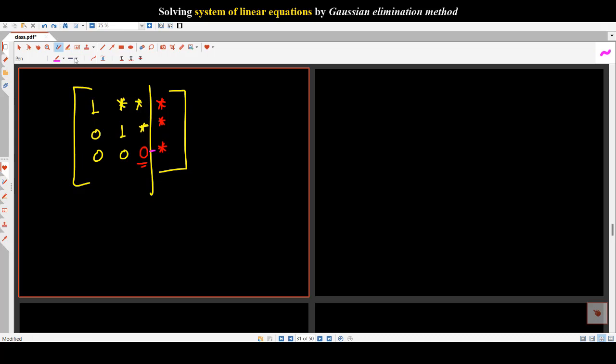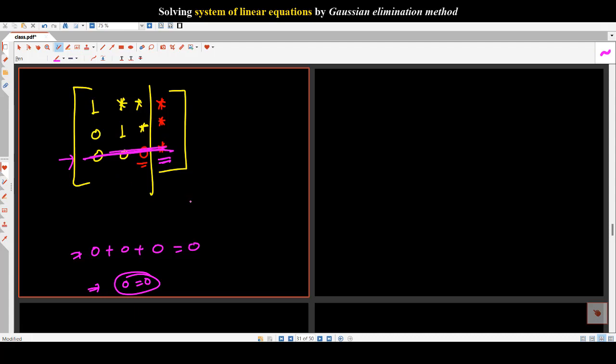So ultimately after step 2 we will form equations. If the right side value is also 0, then think about the last equation: 0 plus 0 plus 0 equals 0. So 0 equals 0 is a valid equation, but we don't need to write this.